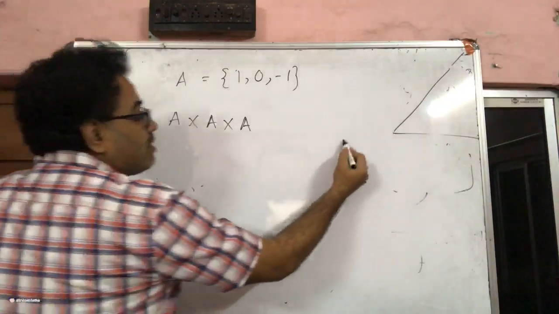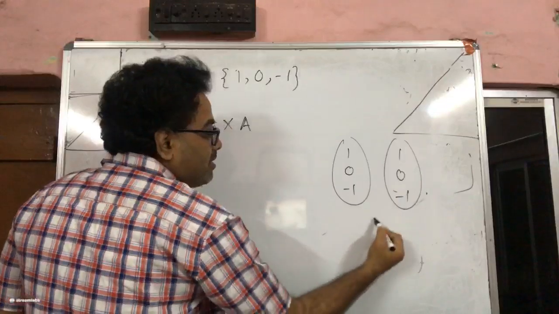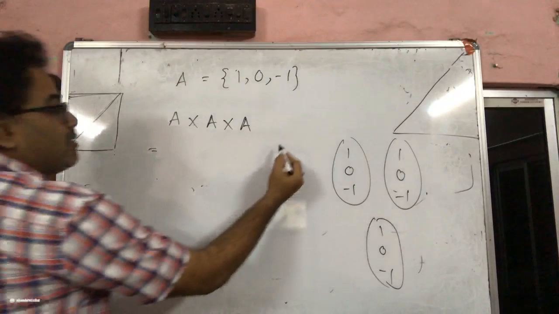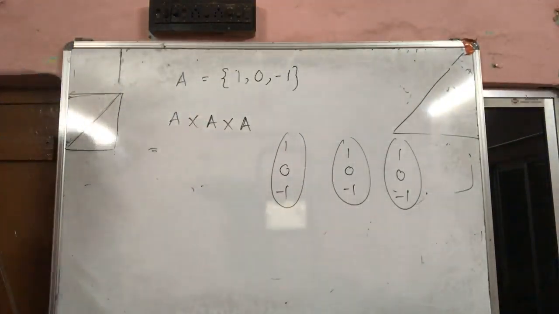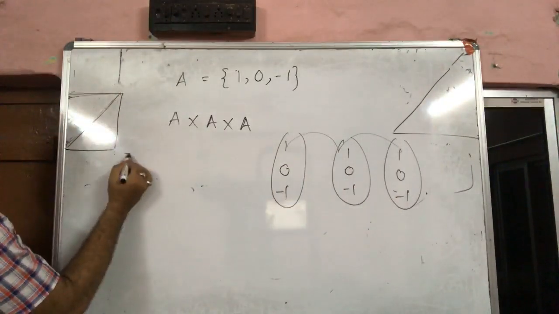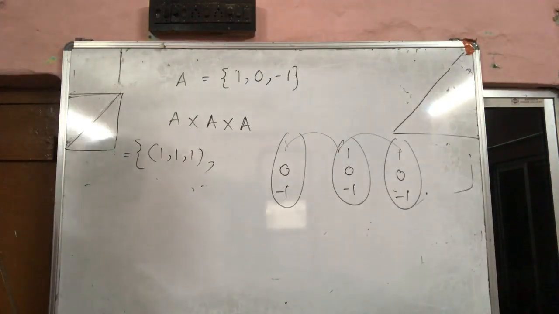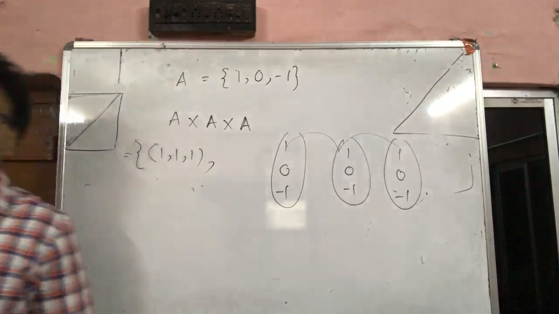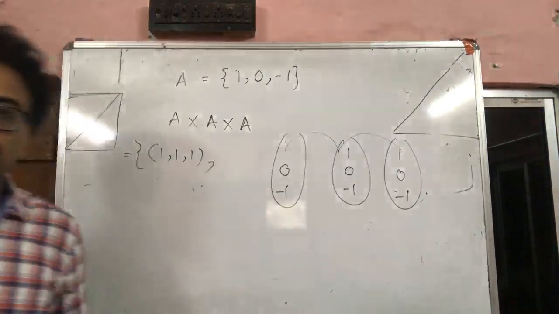Simply one set 1, 0, minus 1, same set 1, 0, minus 1. So how to link? 1 1, 1 1. Okay, that's how we can link. Try to link all these elements.